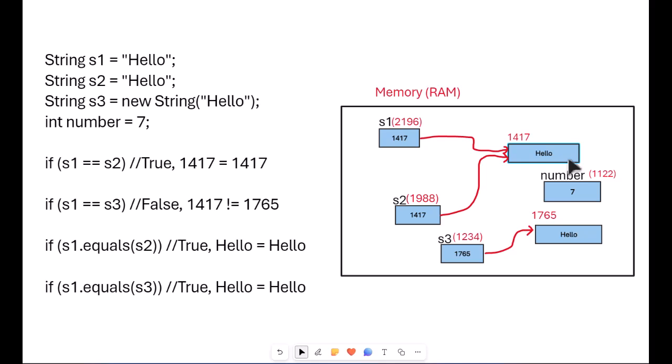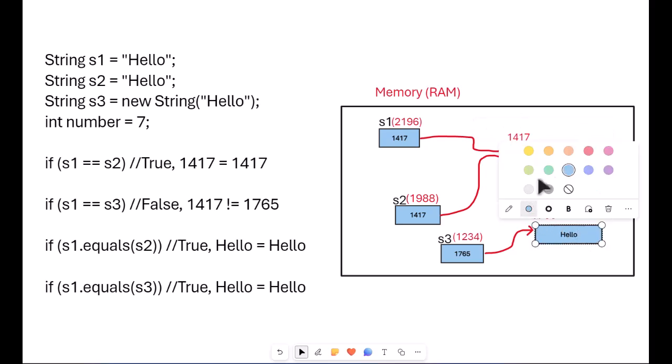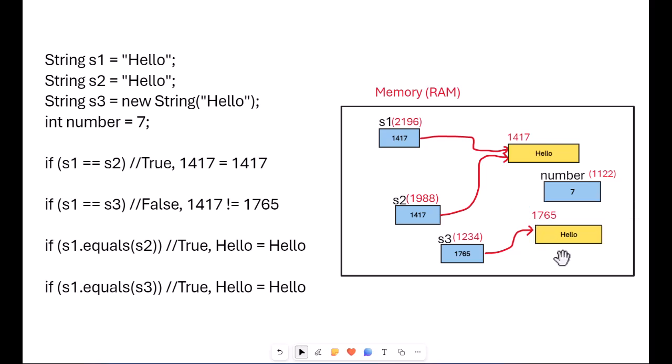Now why is that? You see, I wrote hello as it is, but technically this hello is not a single memory location. You see, this hello is several memory locations. So maybe it's better to have them as a different color. Means that it is a collection of memory locations.